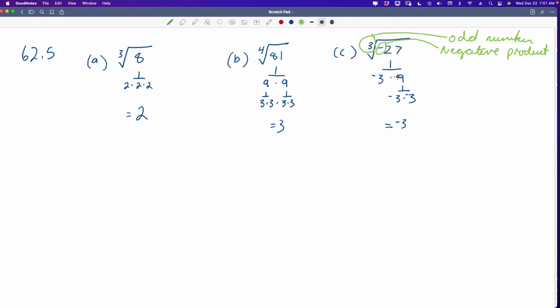These have all been multiplied together to give you this, so that's a product. If you have an odd number index and a negative product underneath your root symbol, then you're going to equal a negative factor. Okay? Just like we have here. You're going to have a negative factor.